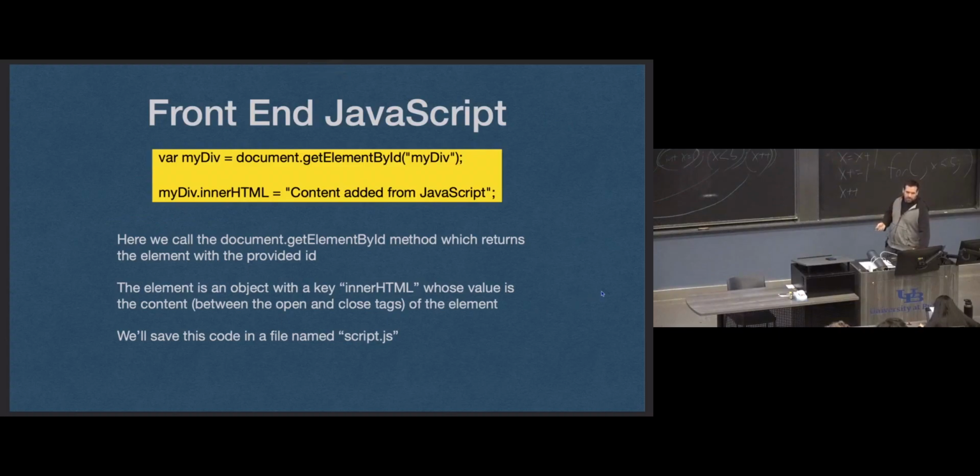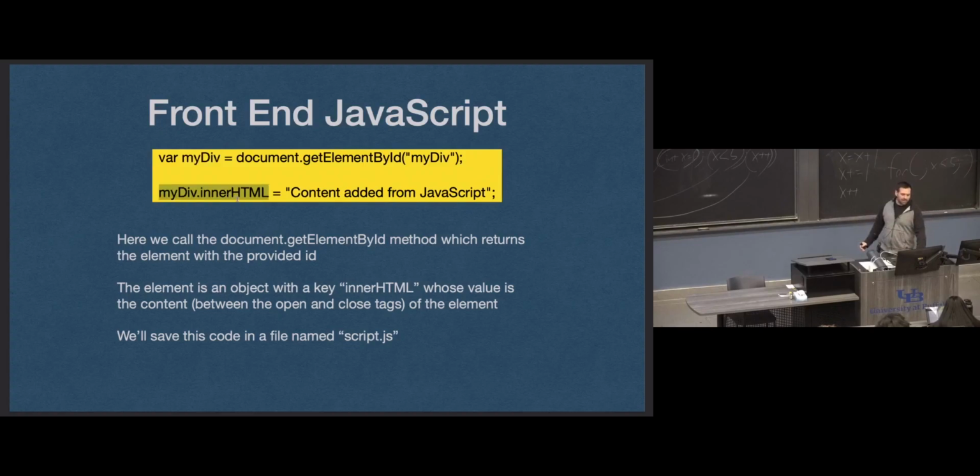So here's one of the most basic things we can do to edit the DOM using JavaScript. We're going to get an element by ID, and we can get all the elements of a specific type, all the elements of a certain class. There's a lot of different ways to access the DOM, or we can just navigate the tree directly. One of the most useful I find is getting an element by ID. Now I know I have one very specific element of my page, and then here I can change whatever I want with this element.